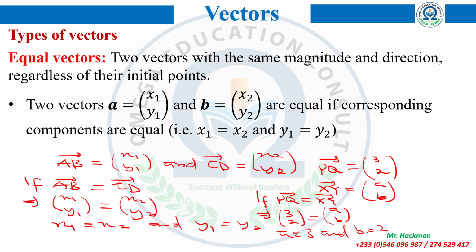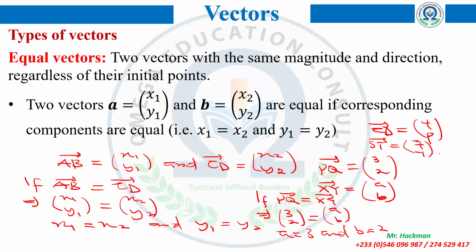Okay, so if I have a vector CD with entries, let me use P, and 3, and I have a vector, let me use ST, with the entries Q, -1.